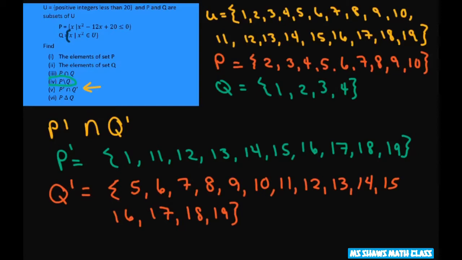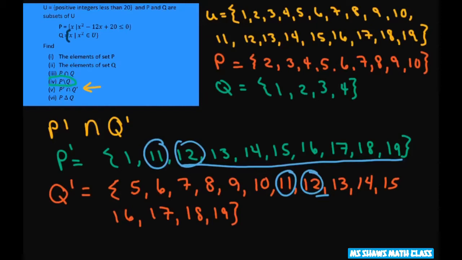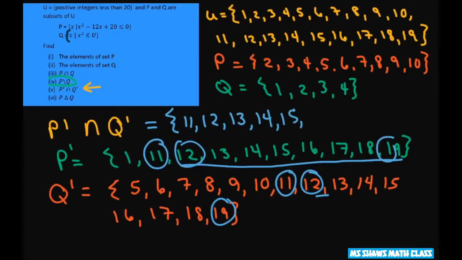The ones that are similar are going to be 11, and moving all the way up through 12 through 19. So this is going to eventually be 11, 12, 13, 14, 15, 16, 17, 18, and 19.